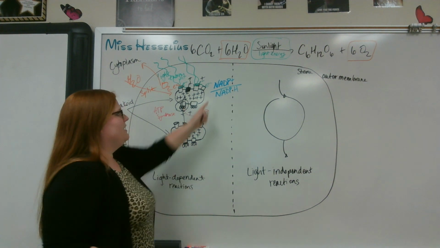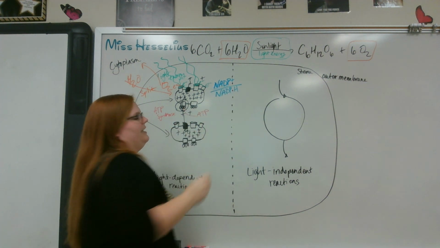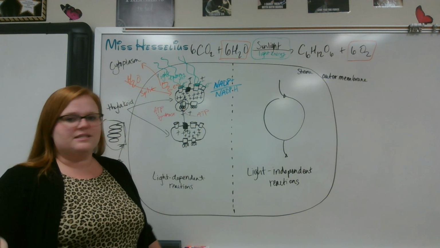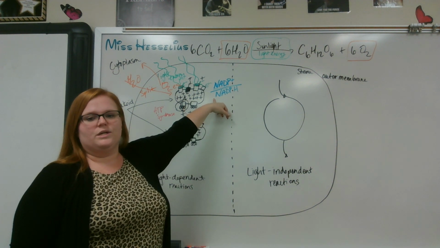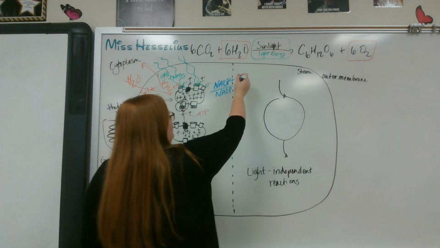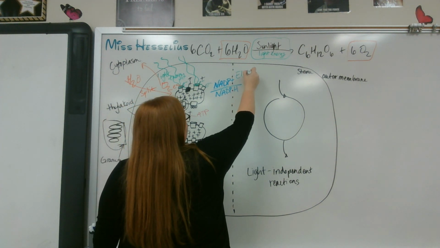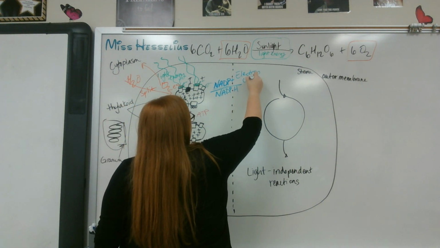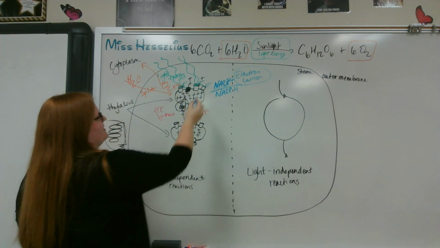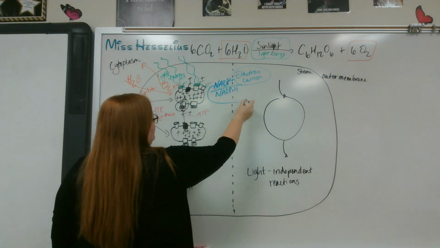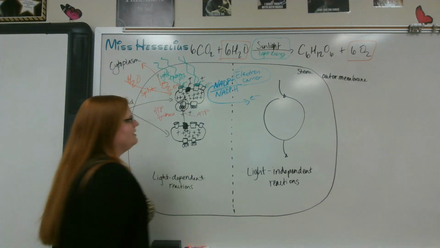Now, hopefully you're seeing NAD and it's ringing a bell because it's very similar to the molecule NAD in cellular respiration, which carries electrons. So NADP is the electron carrier in photosynthesis.